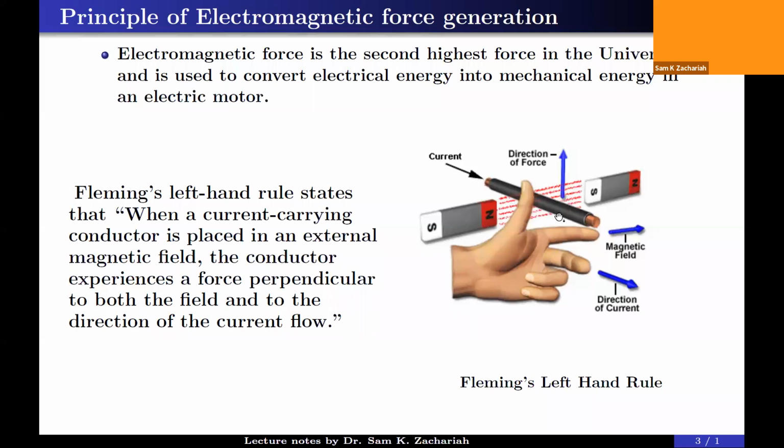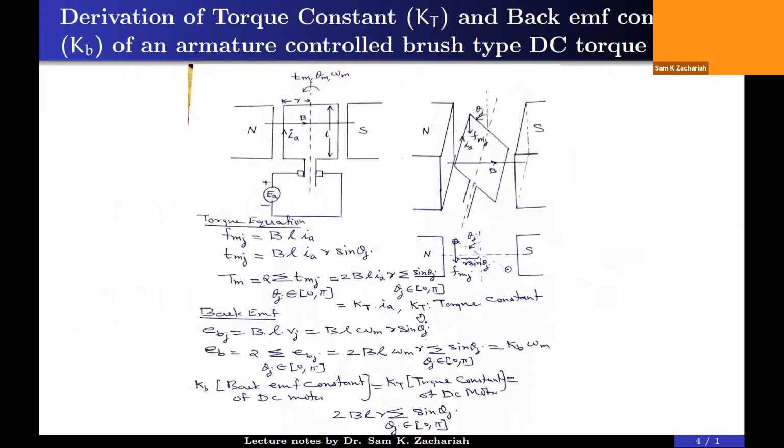North to south, that is the direction of the magnetic field, shown by the index finger. Then the direction of current is given by the middle finger, right? Then the thumb indicates the direction of the force. So it can be easily verified in any configuration. This is called Fleming's left-hand rule.